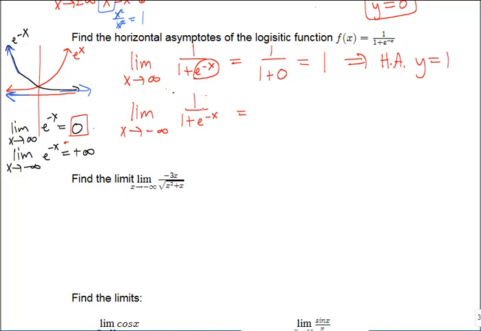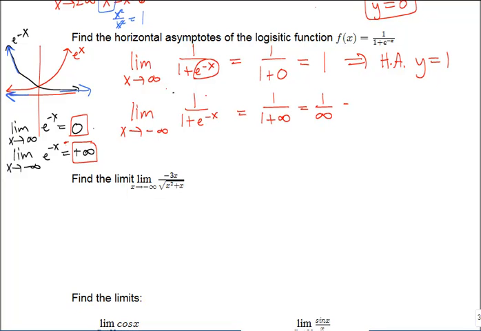Now let's do this one. The limit of the top goes to 1, the limit of the 1 in the bottom goes to 1, and the limit as I go to minus infinity of e to the negative x goes to positive infinity. Now think about what that's going to go to. 1 plus infinity is still infinite. So this is acting like 1 over something really, really big.